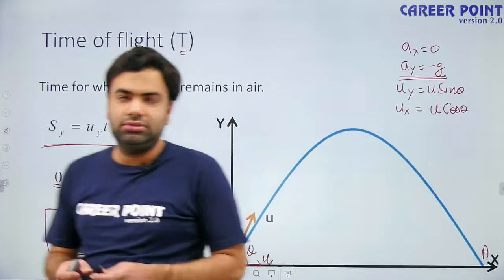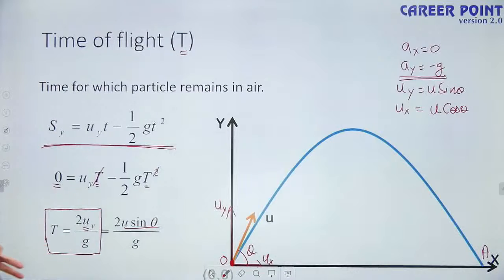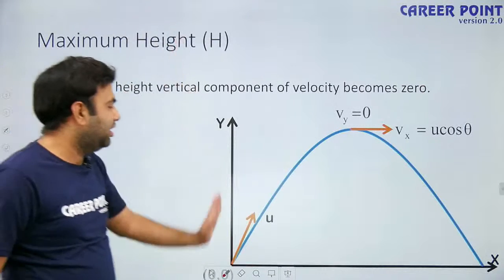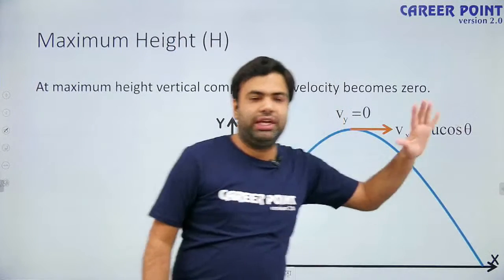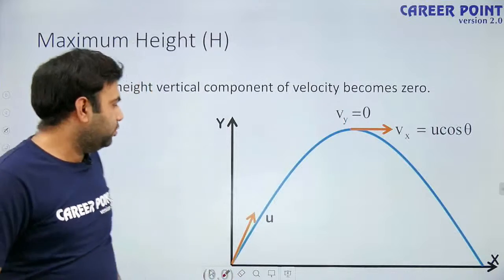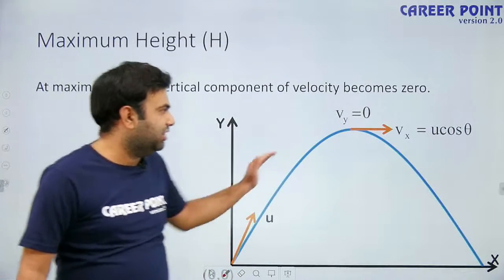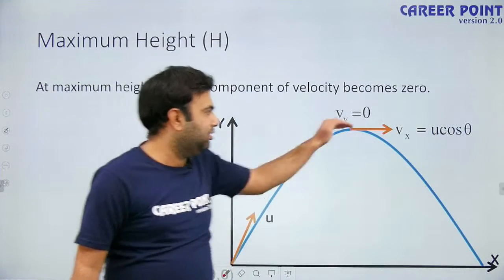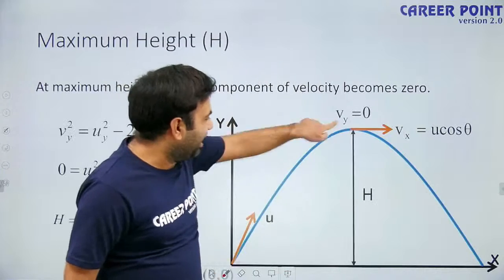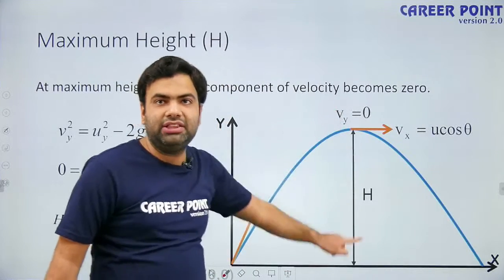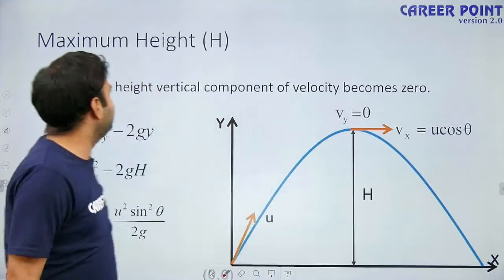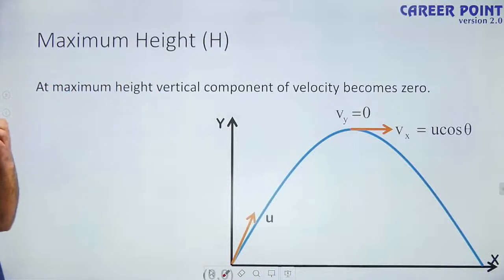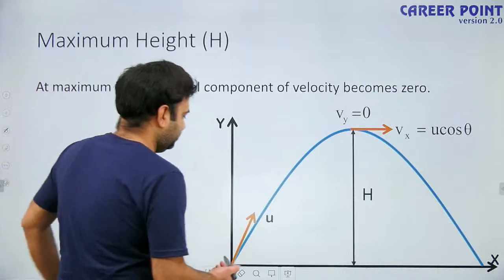Now the next thing we are going to do is find the maximum height attained by the projectile. If we throw any particle like this, it will go up then come down. The maximum height attained by this projectile is known as its maximum height, so we are going to find this.